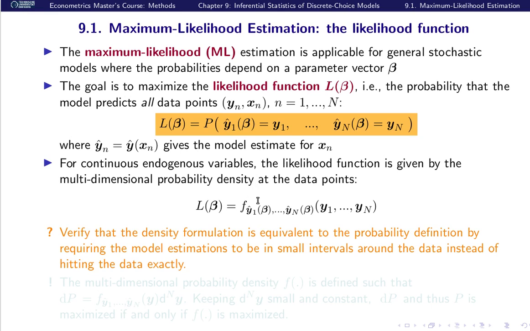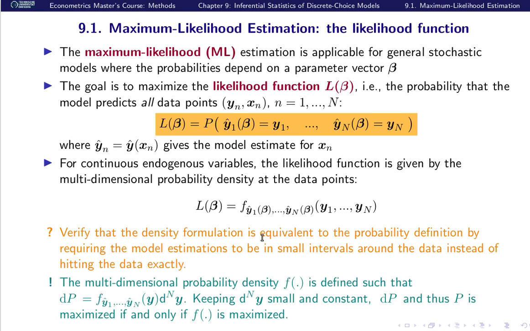For this, we assume, as one usually does with probability density, that in a small interval around a given value of y, what is the probability? That's basically just density times this interval, and in multi-dimension it's of course the density times the multi-dimensional volume element around these given values of y.